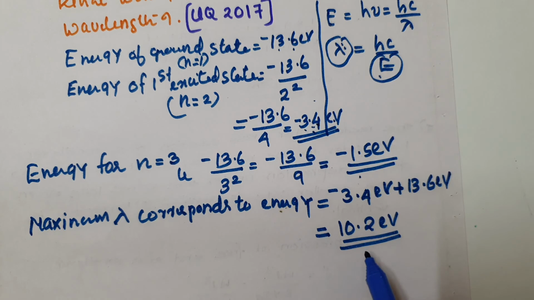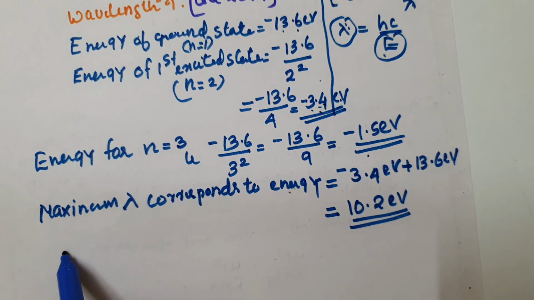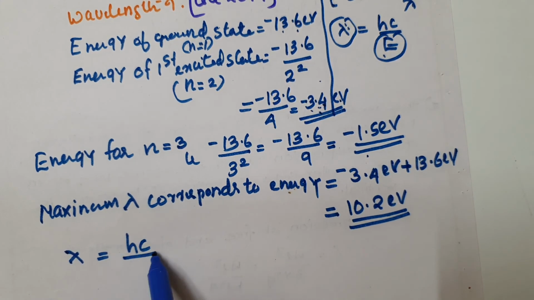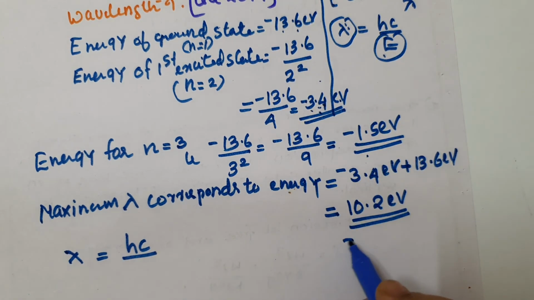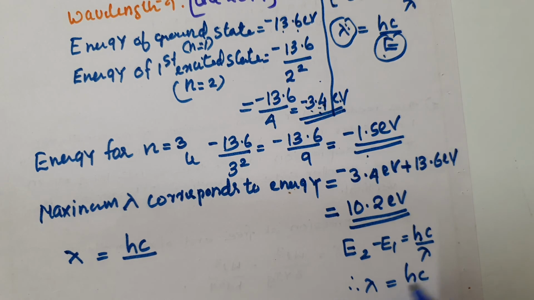The maximum wavelength lambda is equal to hc by the energy difference, that is E2 minus E1 is equal to h nu, or hc by lambda. Therefore lambda is equal to hc divided by E2 minus E1.